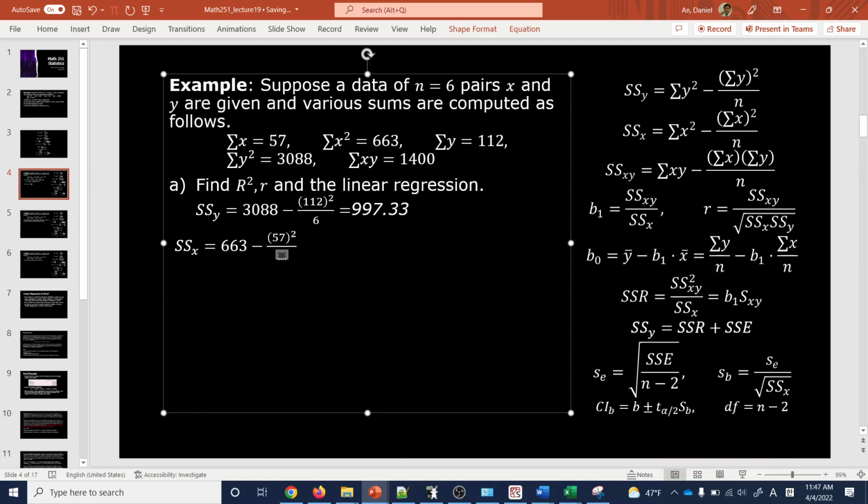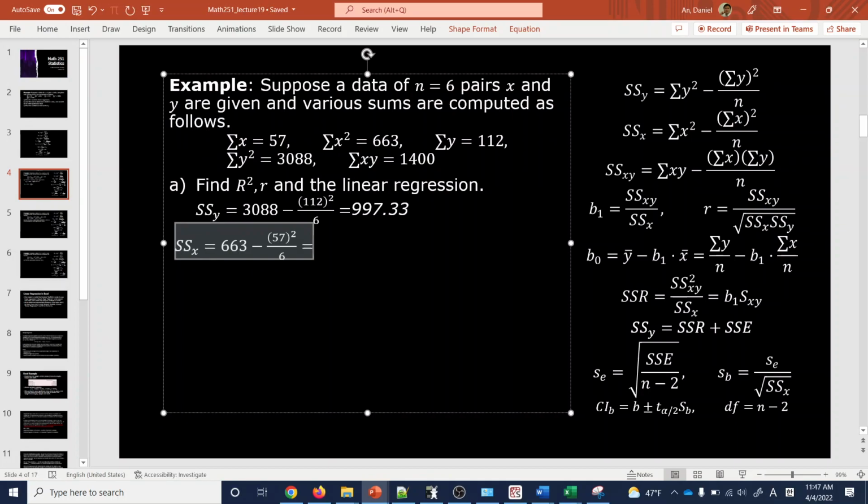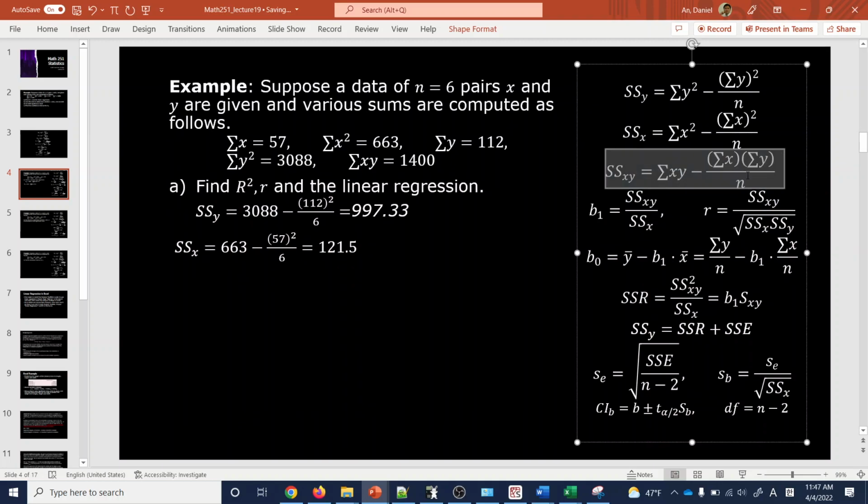Again, divided by 6. So let's try that again: 663 minus 57 squared divided by 6. That gives 121.5.